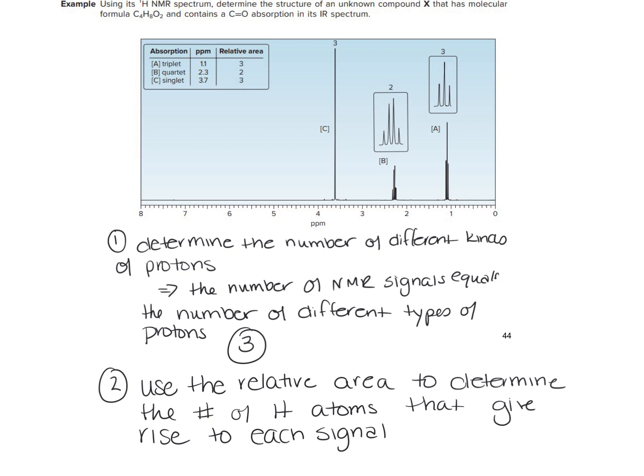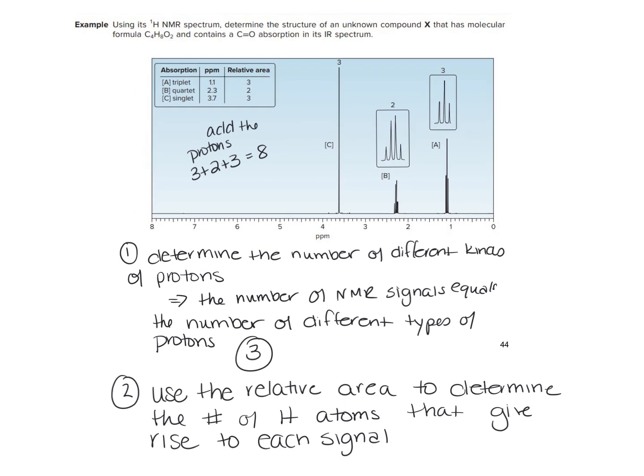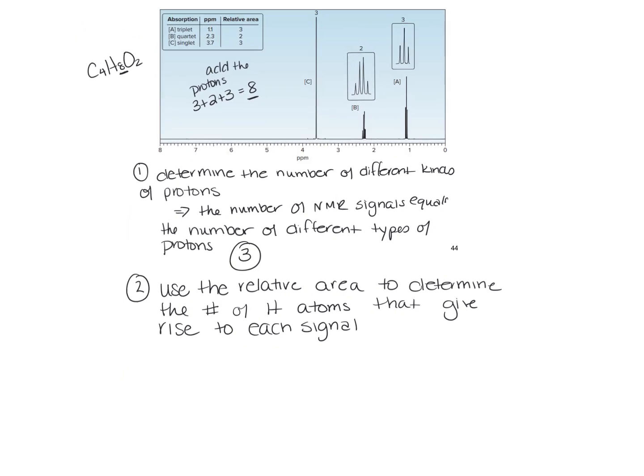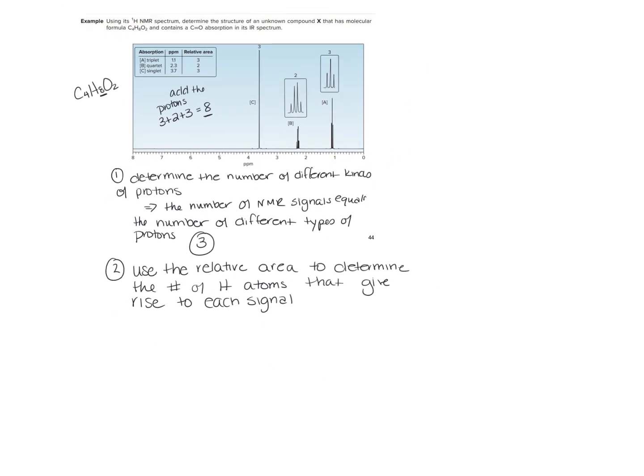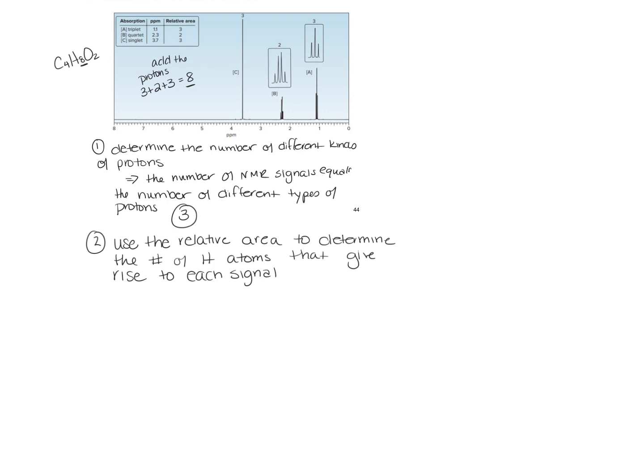If you add the protons here, 3 plus 2 plus 3, that equals 8, and we know C4H8O2, so that tells us the number of hydrogens for each peak.